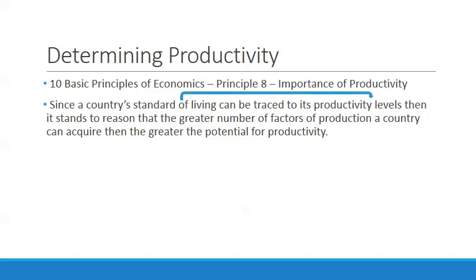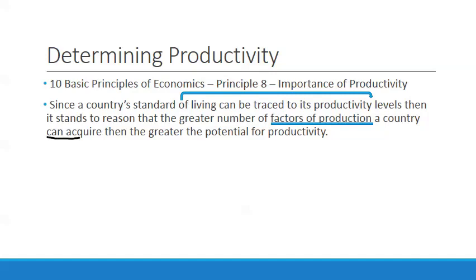So let's think about this. Standard of living is directly related to your productivity levels. And make sure you have that. The second part here is the fact that your standard of living can also be traced to the number of the factors of production a country can acquire. Now you'll notice here I said can acquire.